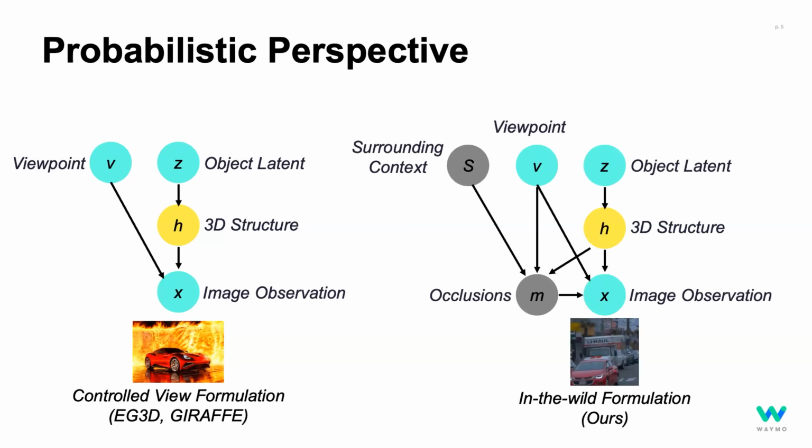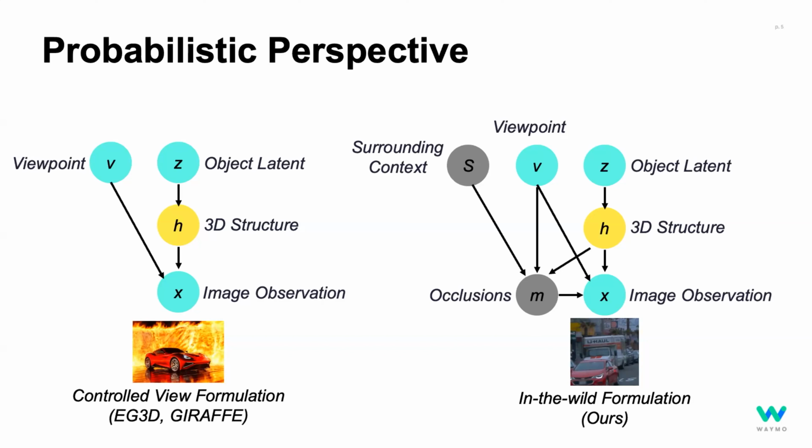But what we see in the real world is, like, this U-Haul car is occluded by another red sedan. So we have to consider this kind of surrounding context and occlusions in the probabilistic graphical model. Here, the occlusion node is actually affected by the object we are interested in, as well as the viewpoint and surrounding context.